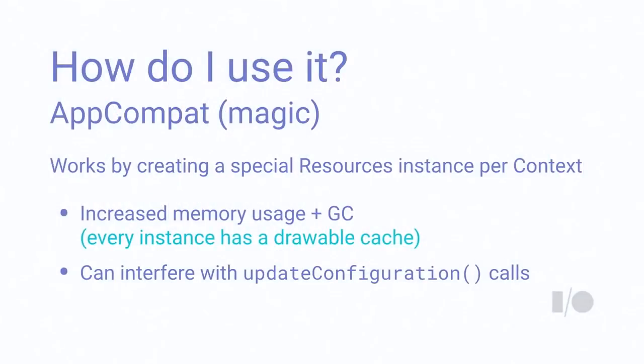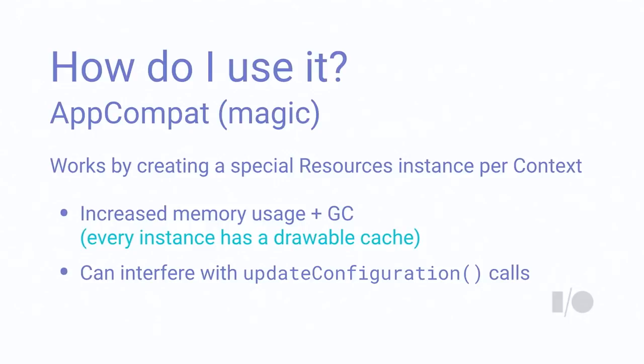So the reason it has those issues is the way it works. Internally, it creates a special resources instance, but per context. Now, in reality, that's going to be per activity. Usually in your application, you'll only have one resources instance, which is reused across all of your activities and whatever else. But the way AppCompat has to work and the way it enables this feature is by using an instance per context.